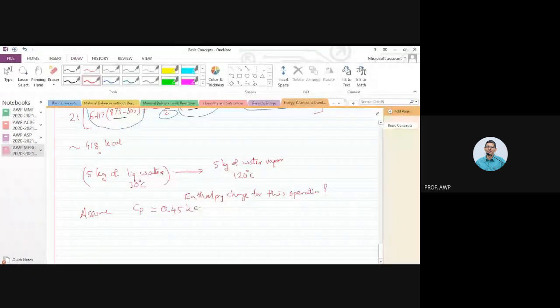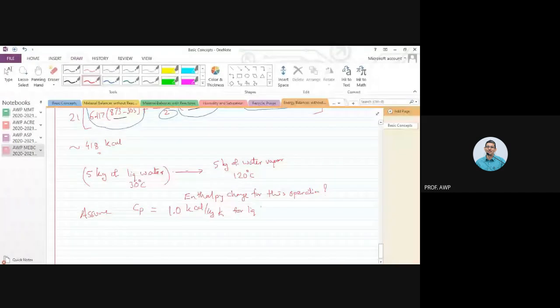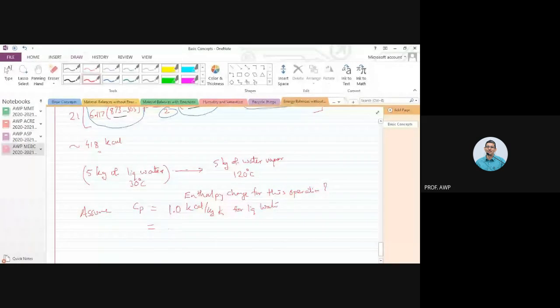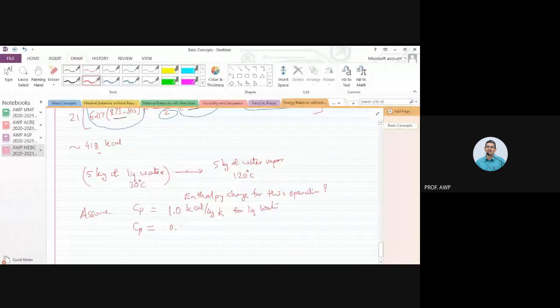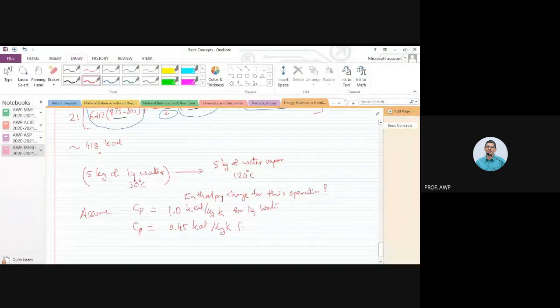Cp is 1 kilocalories per kg Kelvin for liquid water, and Cp is 0.45 kilocalories per kg Kelvin for water vapor.